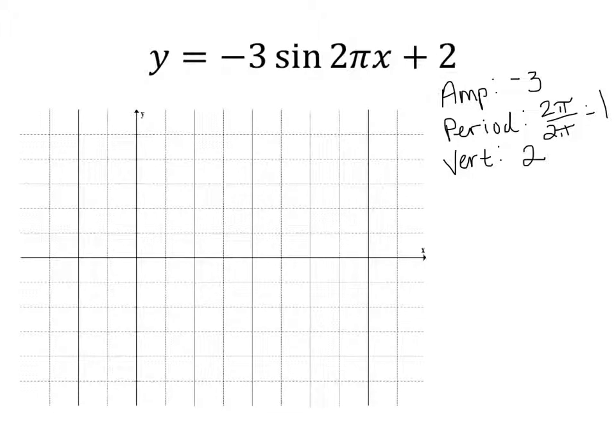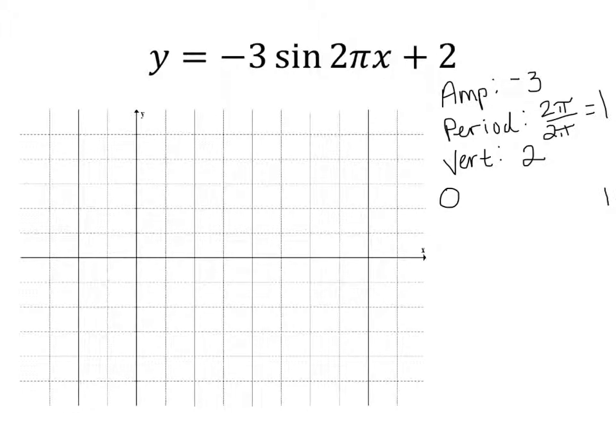Once you're done with this, I need to see your table because that tells me that you understand what's happening in this problem. So the first thing that you list out is the length of your period. So, starts at 0, ends at 1.